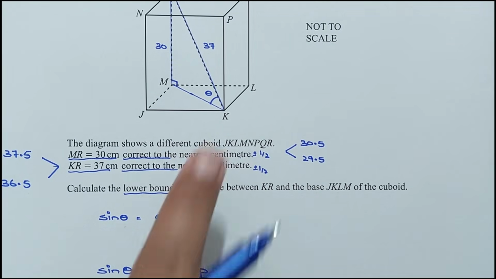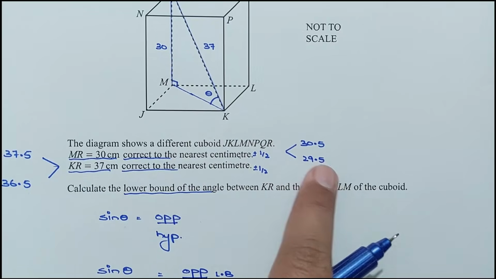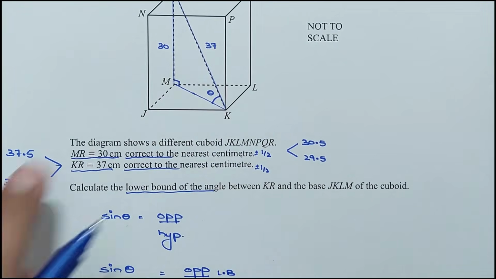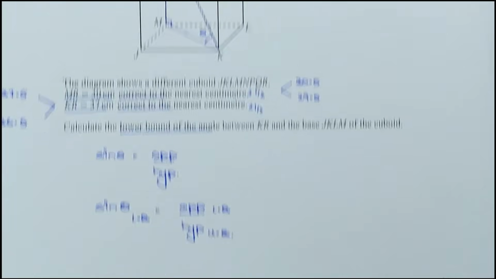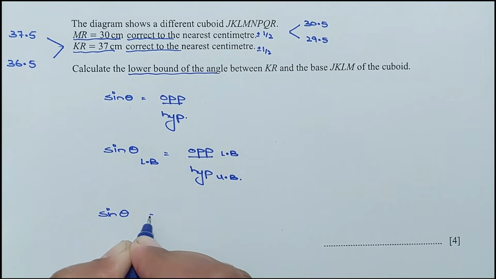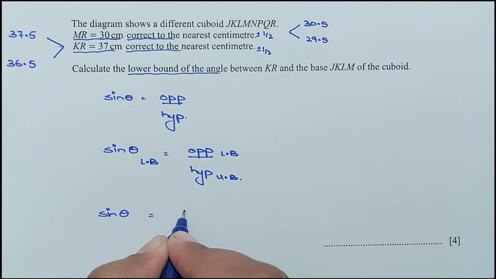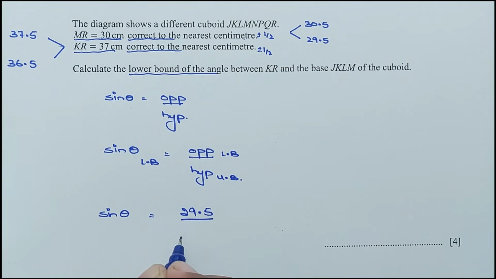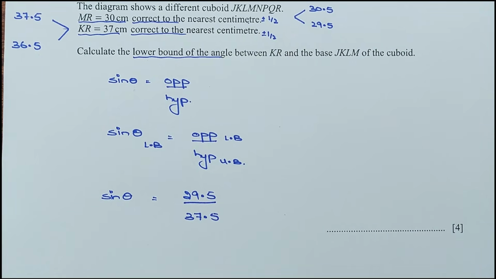So the opposite is 30, its lower bound is 29.5, and the hypotenuse is 37, its upper bound is 37.5. It should be in degrees.